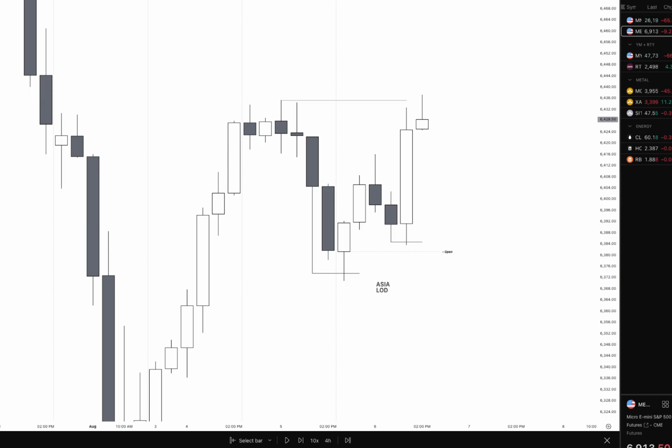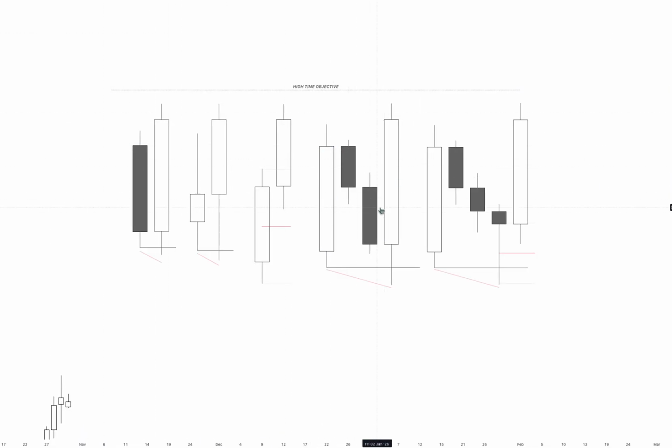If on my daily time frame I see the market come here, I'm not looking to trade it because I don't want to trade away from an open low. At any point in time, the market can just reverse. If I'm looking for a long here, the market can just literally reverse at any point to come to this low.